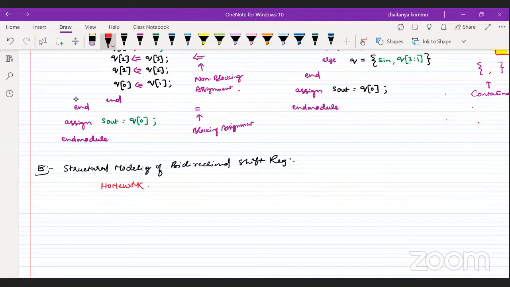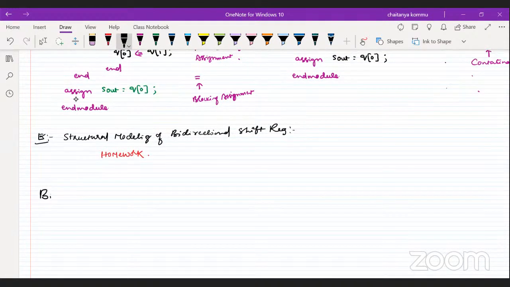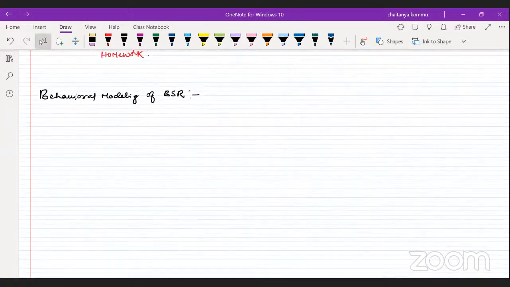Now I would like to do the behavioral modeling here. Behavioral modeling of bidirectional shift register, BSR. Okay, very simple. We have a block diagram in this way, for example.